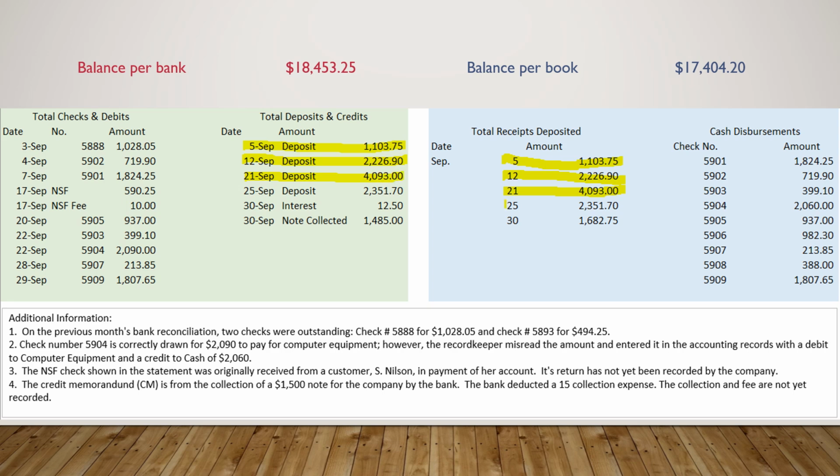On the 25th, we deposited $2,351.70. That one also cleared on the same day of deposit. On the 30th, we deposited $1,682.75, but we don't see that among our cleared deposits. So that one is still in transit.